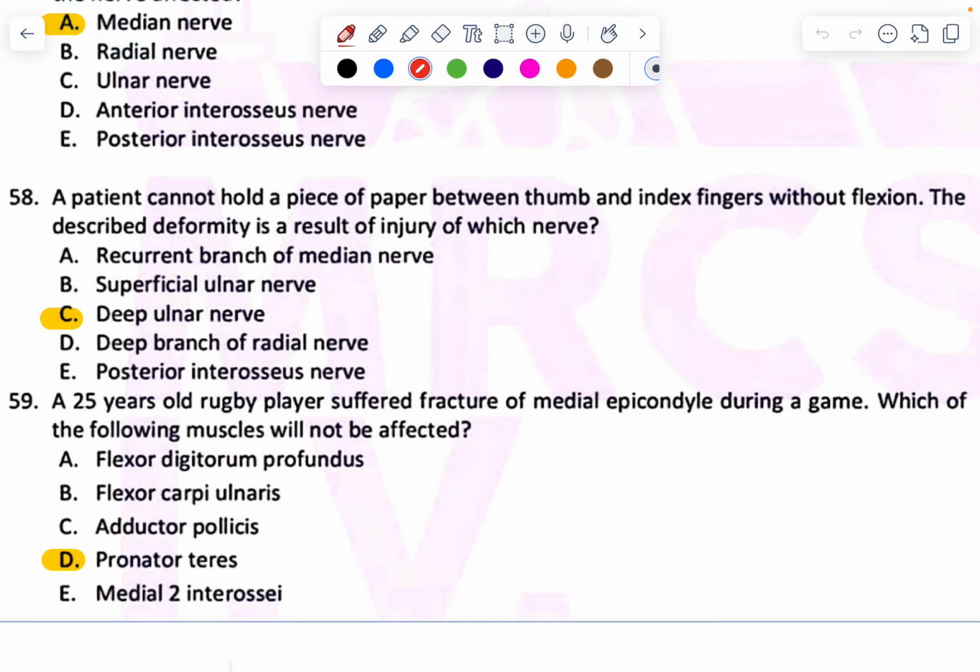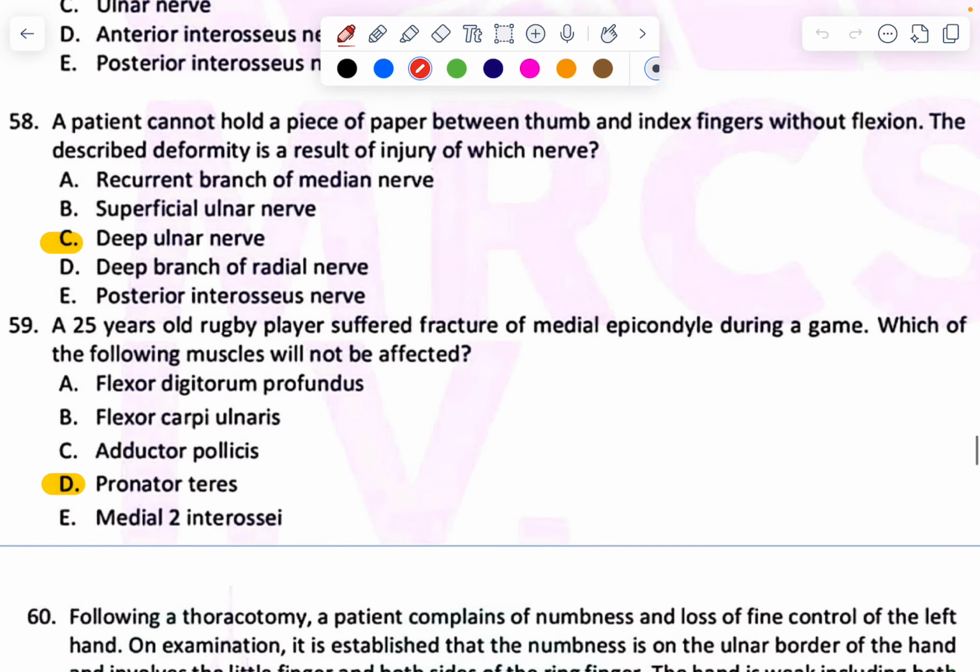Medial epicondyle, so you are thinking of nerve injury: flexor pollicis, flexor carpi ulnaris, even flexor digitorum. All these are supplied by the ulnar nerve, except pronator teres. It's not supplied by the ulnar nerve.